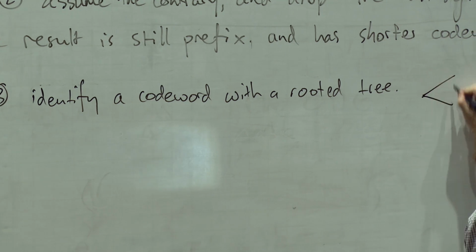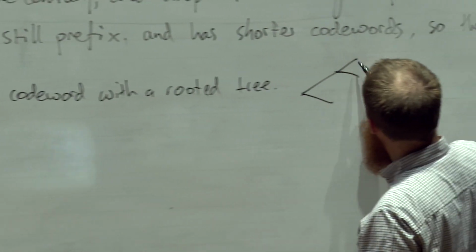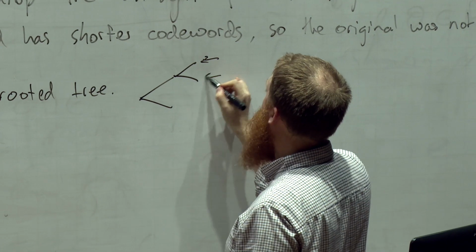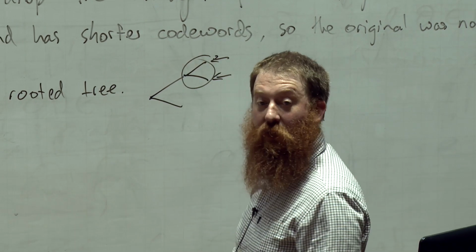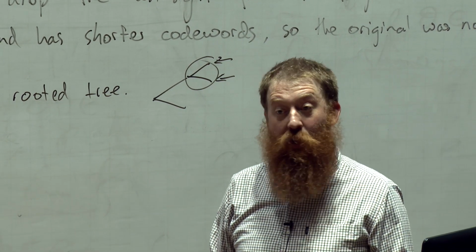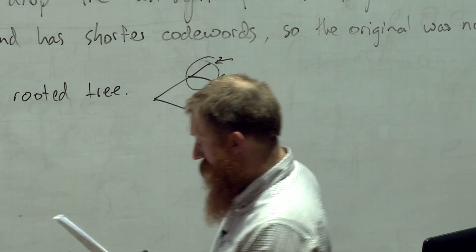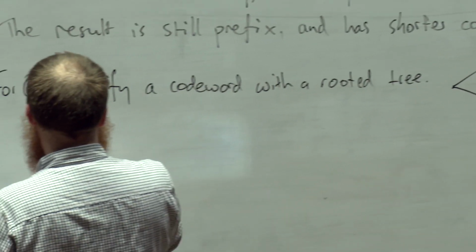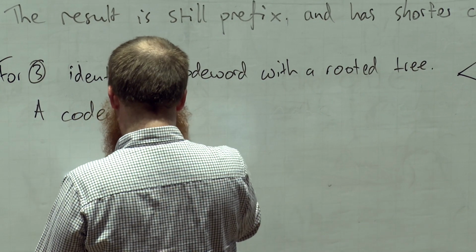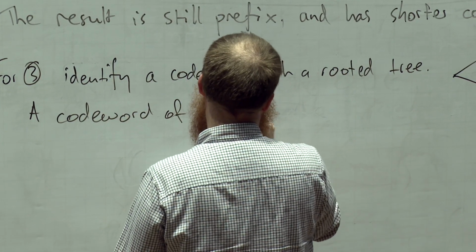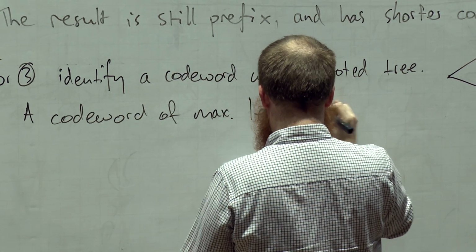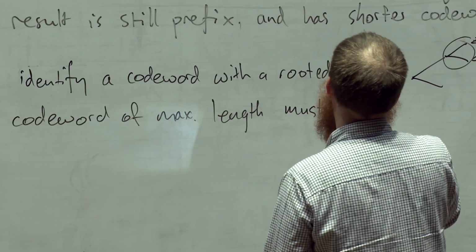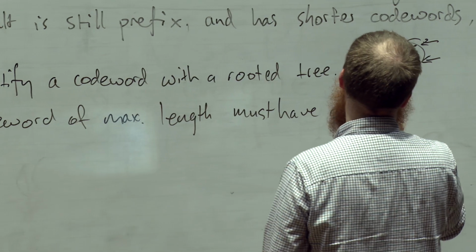So if I draw the picture here, if these two are longest, I can just switch them. So they differ only in the final digit. Okay, a code word of maximum length must have a sibling.